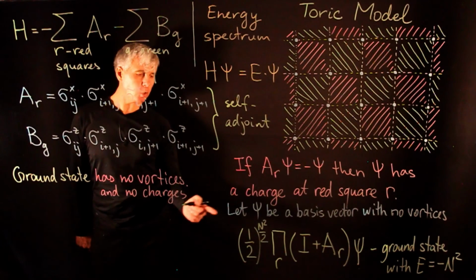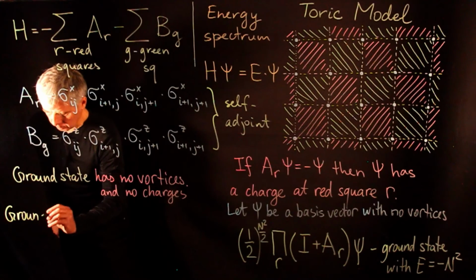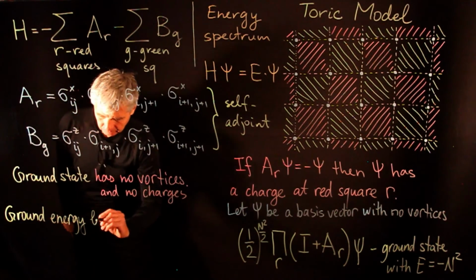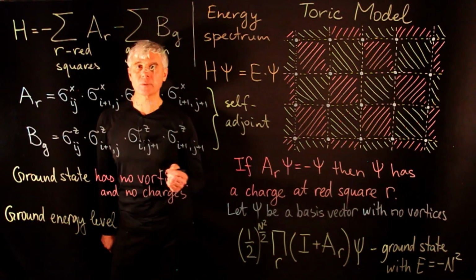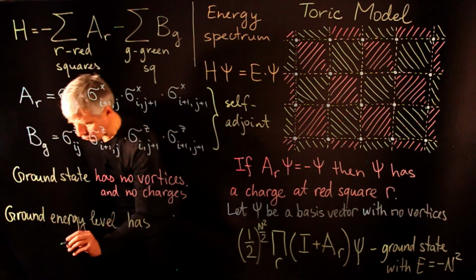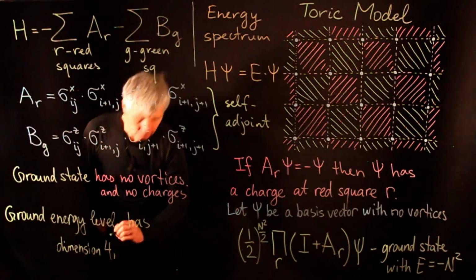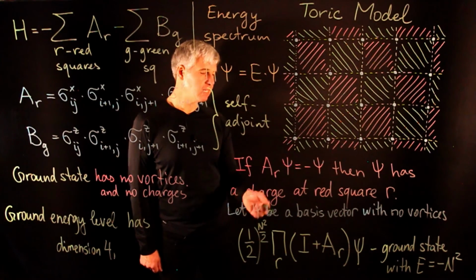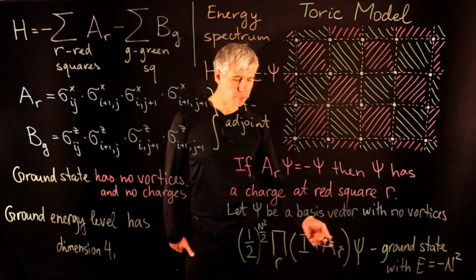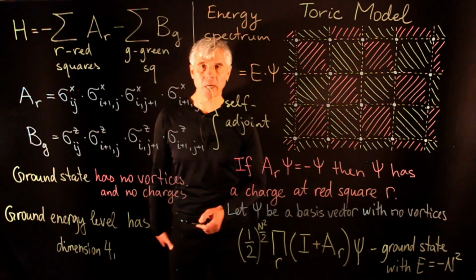In fact, it is possible to show that the ground energy level is degenerate. So this means that it is not one-dimensional, and it has dimension 4. This means that the basis vectors with no vortices will produce 4 different linearly independent projections to the space of ground states.